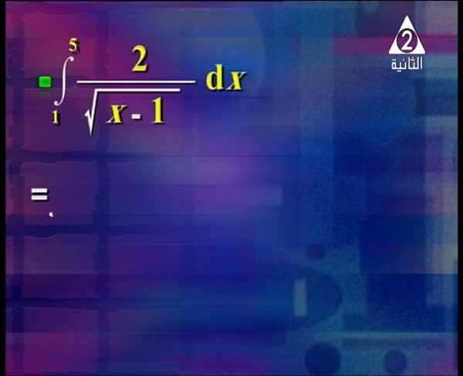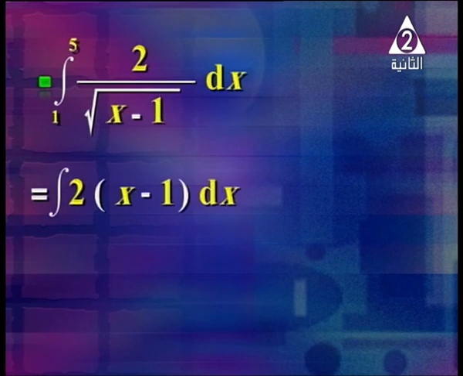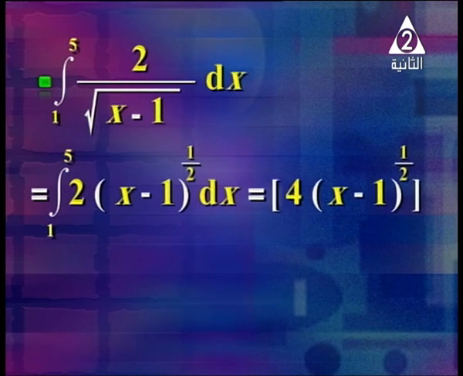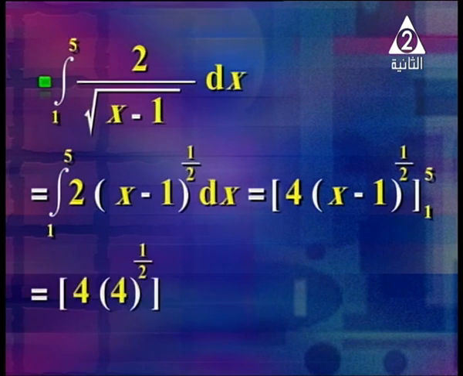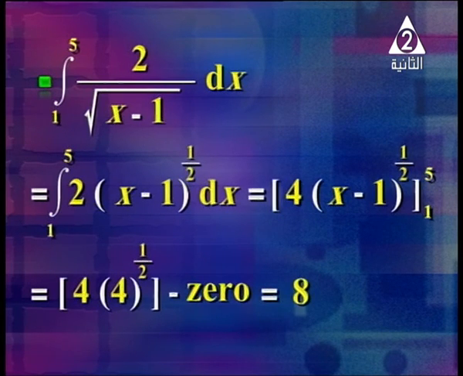Then the integration becomes 2 multiplied by x minus 1 all to the power negative 1 over 2, dx. Then the bracket containing x minus 1 to the power 1 over 2 is 4 multiplied by the square root of x minus 1, from 1 to 5: 4 multiplied by 4 to the power half, minus 0, is equal to 8.